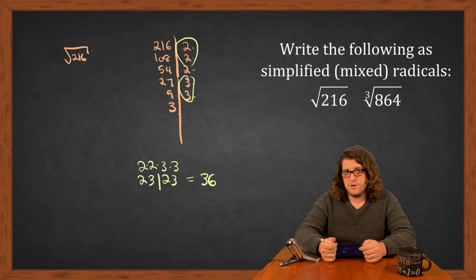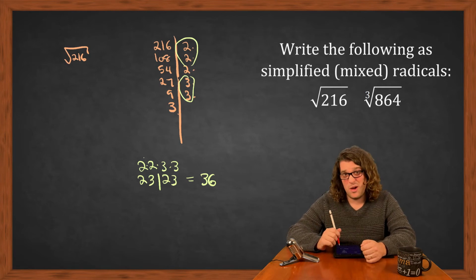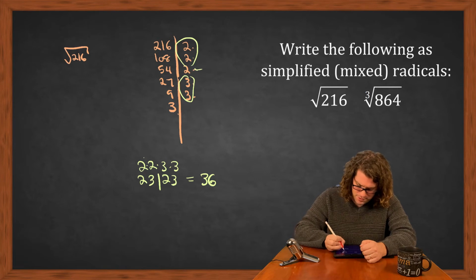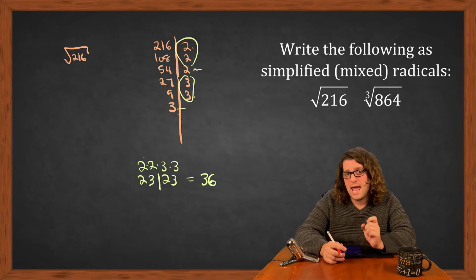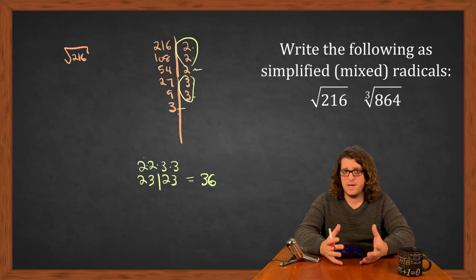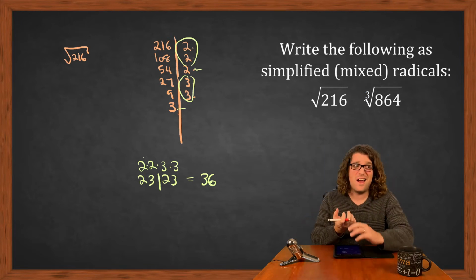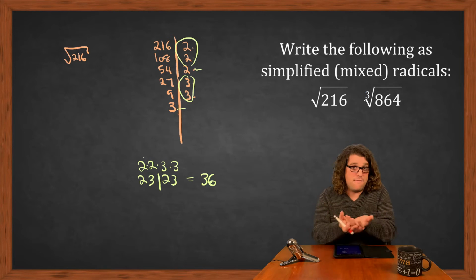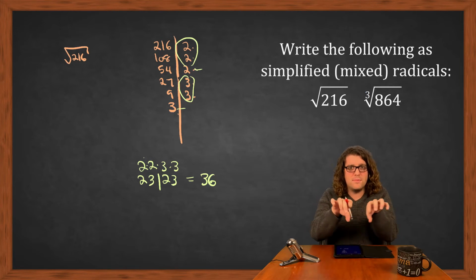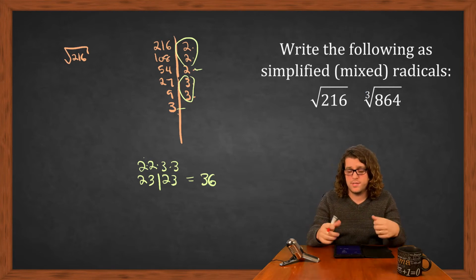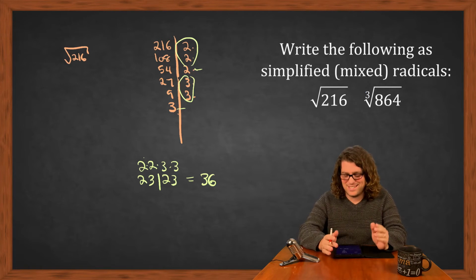Since I can make a 36, I can see that by looking at these prime factors. I have another leftover 2 and another leftover 3, but I can't pair them up, which means I can't make a perfect square. Because if I pull out one 2 as a prime factor, I need another 2, because if I don't, then I can't split them into 2 equal groups that have the exact same factors.